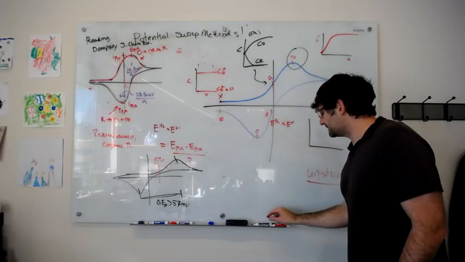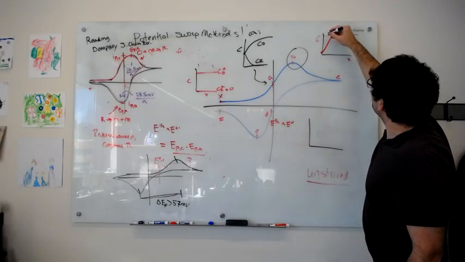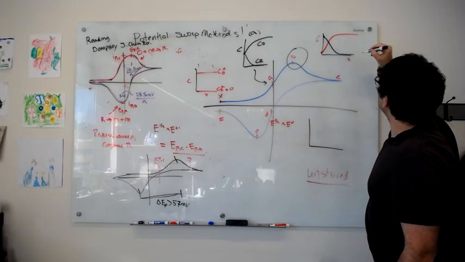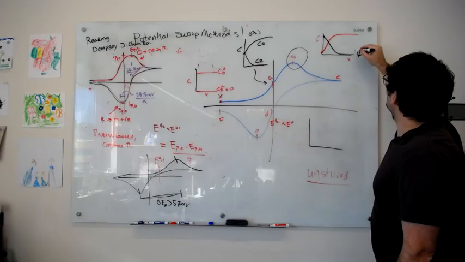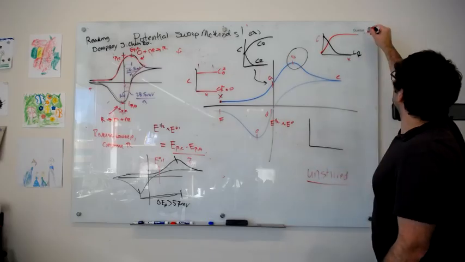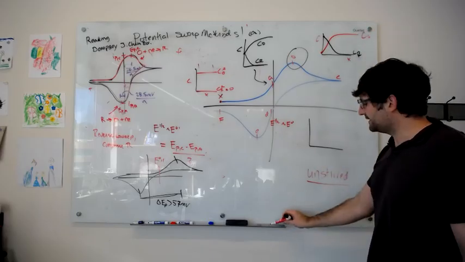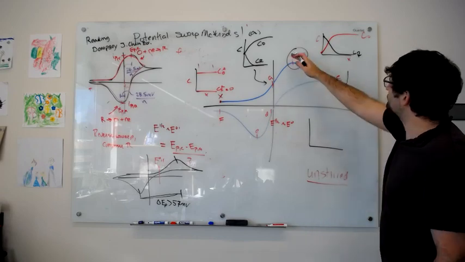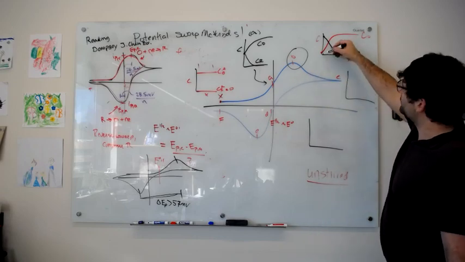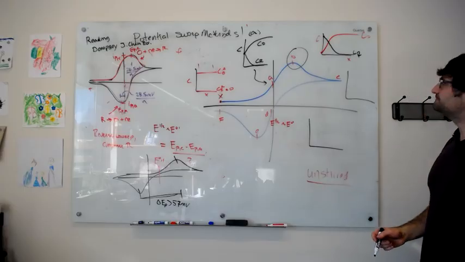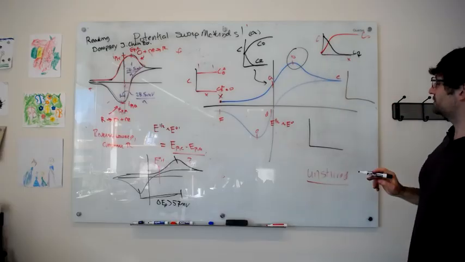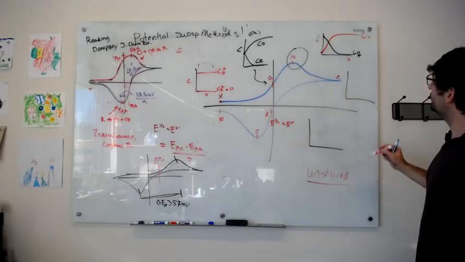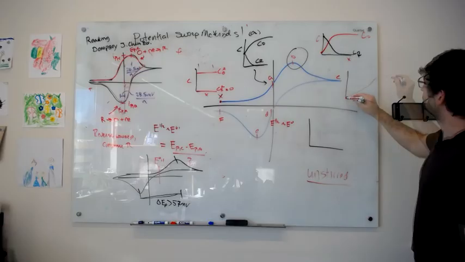Okay, so that's the maximum slope, right? We better have something that looks similar in R as in O. Now if we wait a long time, we keep sweeping, are these boundary conditions really going to change that much? No. We can't lower the concentration of O at the electrode surface much more.